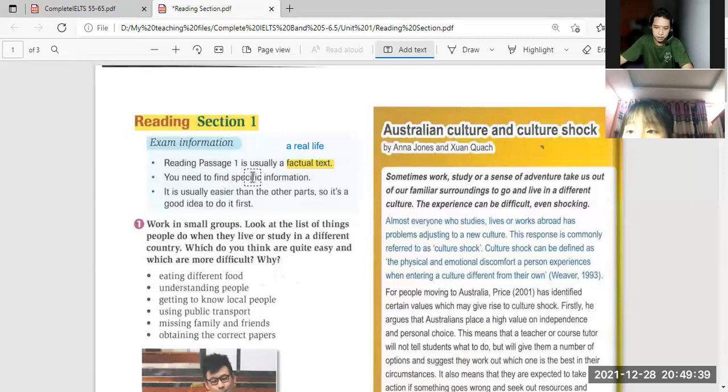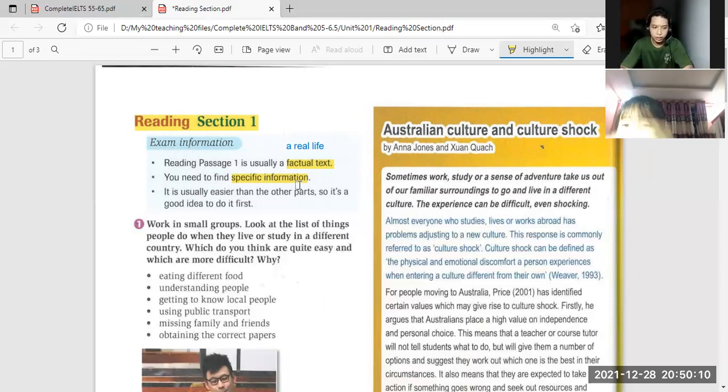Do you understand the meaning of specific information? No. Okay, what about information? Do you know the meaning of information? Yes. Okay, specific means only one, or straight.